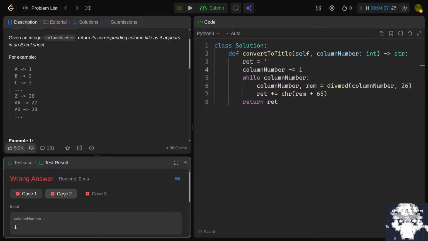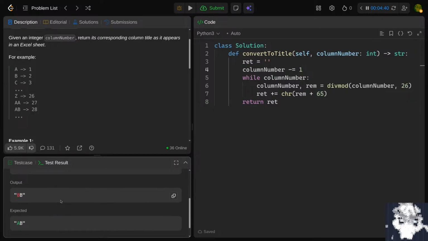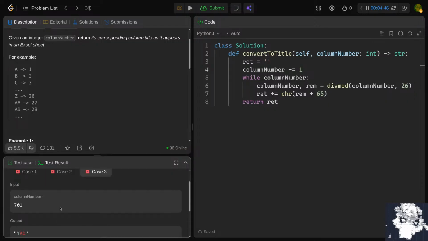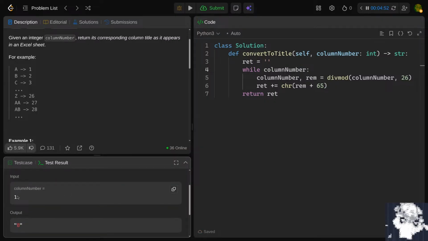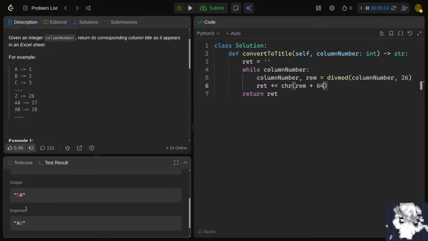The issue is, hold on. What? So if you give me 1, I'm giving you B, because like I can't just add 1 less here because yeah, then I'm gonna be wrong.